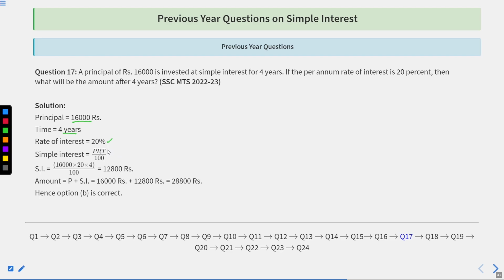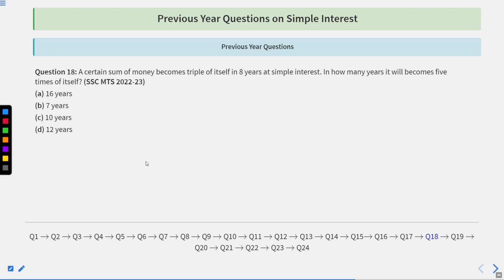So the simple interest is given by PRT upon 100. So just substitute the values. We will have 16,000 into 20 into 4 upon 100, that is 12,800 rupees. So the principal plus simple interest will give us 28,800 rupees, that is the total amount. So the option correct here is option B.